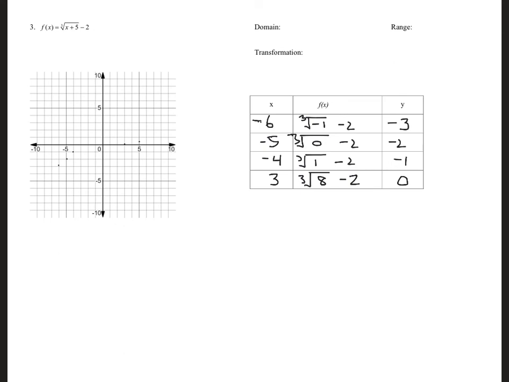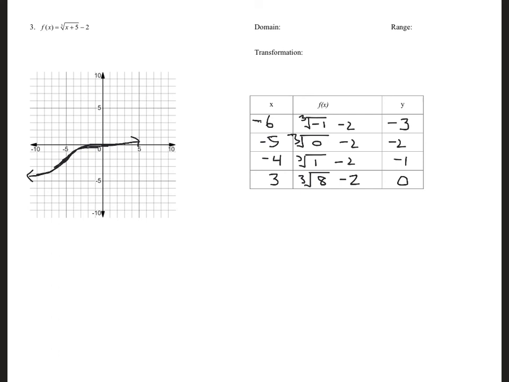Okay, so that's how the function is going to look. It's not perfect. It's actually supposed to be going a little down here, but there is some inflection over here, and that's how it's going to look.